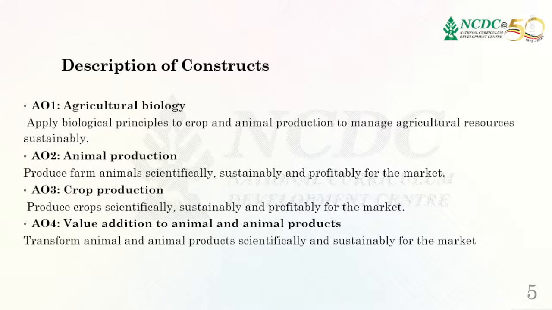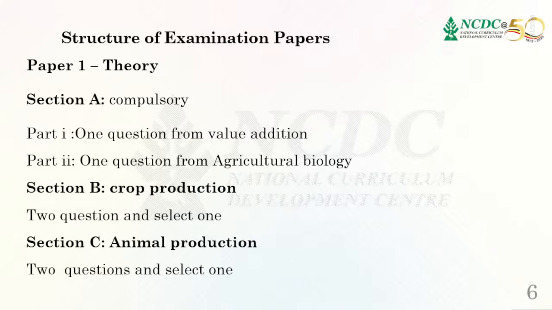Then the last one is value addition to animal and animal products, and in this we are looking at transforming animals and animal products scientifically and sustainably for the market. So those are the different 4 descriptions for the 4 constructs we have in principles and practices of agriculture at A level.